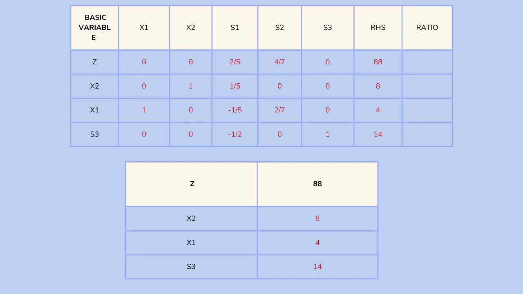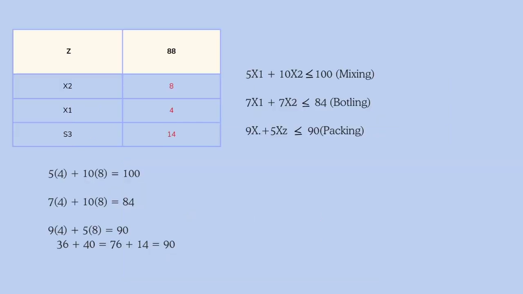So, let's check kung tama ang ating ginawa. Yung 5x1 plus 10x sub 2 is less than or equal to 100, mixing, and etc. Ayun yung mga constraints natin na nakuha natin dun sa problem.